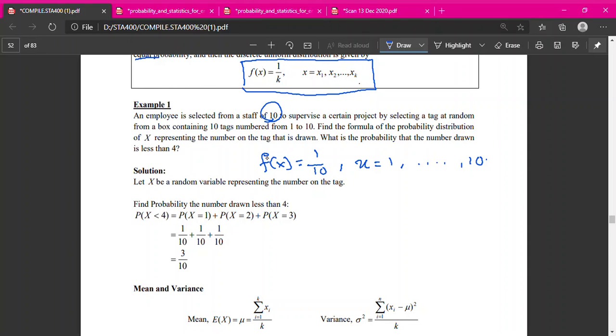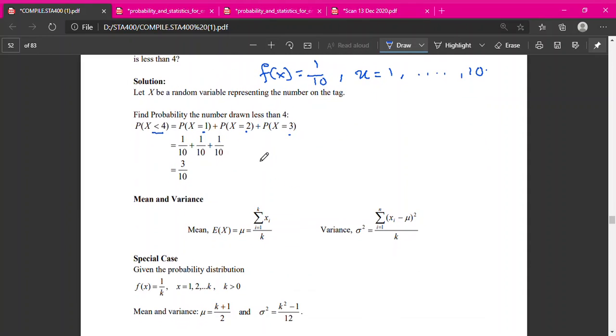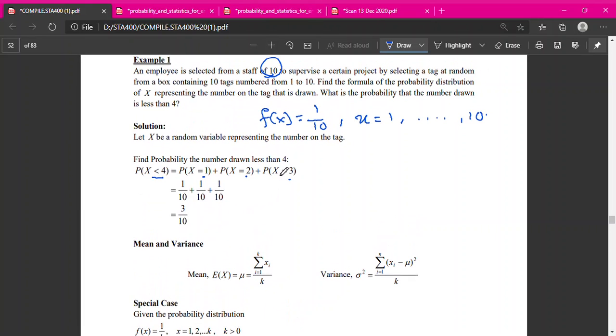Okay. So, soalan ditanya, what is the probability that the number drawn is less than 4? So, less than 4, which is 1, 2 and 3. So 1 over 10 plus 1 over 10 plus 1 over 10 sebabnya kita punya probability-nya sama. So it is 3 over 10. And then the mean, like I said just now, kena tahu function.